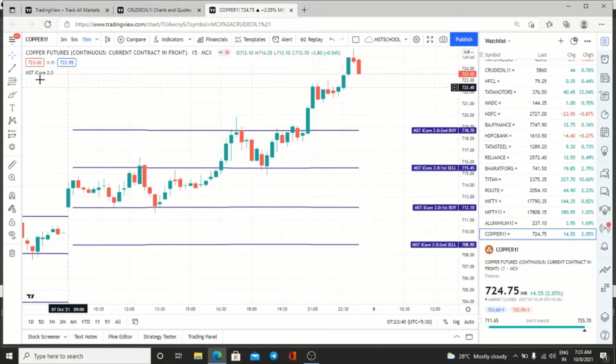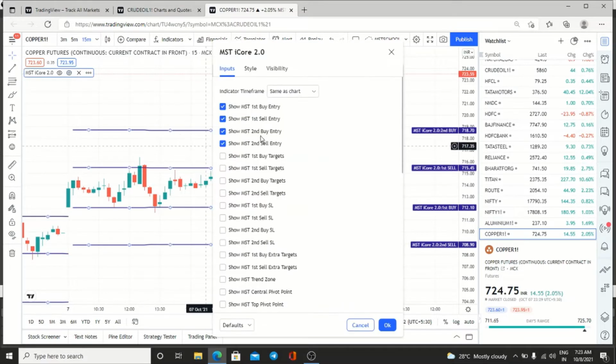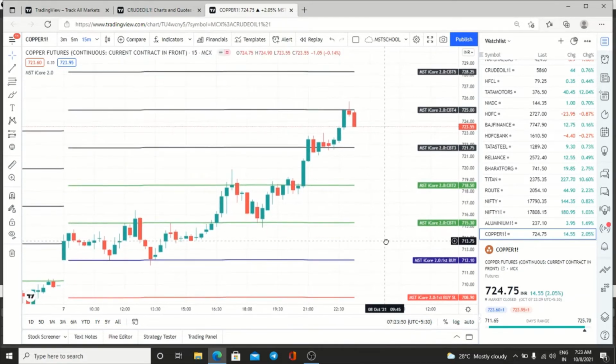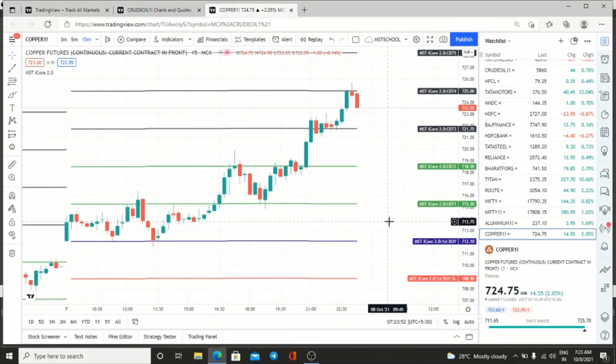First buy here, and see how many targets are achieved. First buy SL, and I am keeping extra targets for the first buy. So yesterday 4 targets were done in copper and the entry was very perfect. So here the buy got activated, and the target was hit immediately. Once again it has come down and become active.